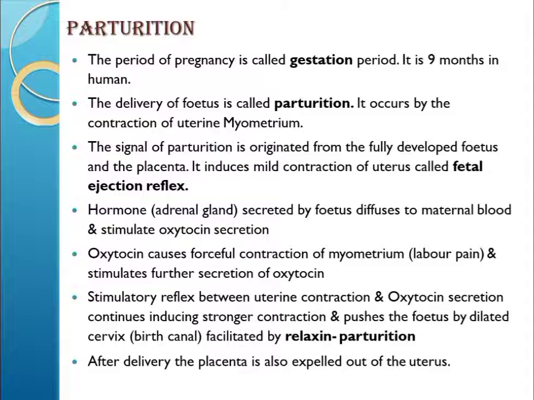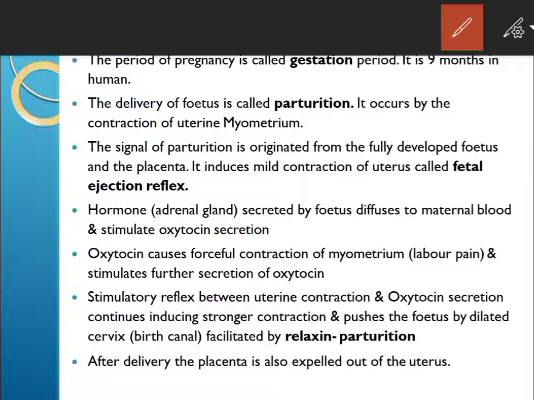Vigorous contraction of the uterus at the end of the pregnancy causes the expulsion or delivery of the fetus, and this process is known as parturition. It occurs because of the vigorous contraction of the myometrium layer of the uterus.